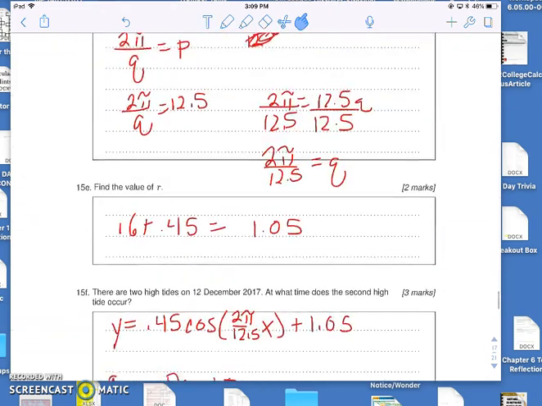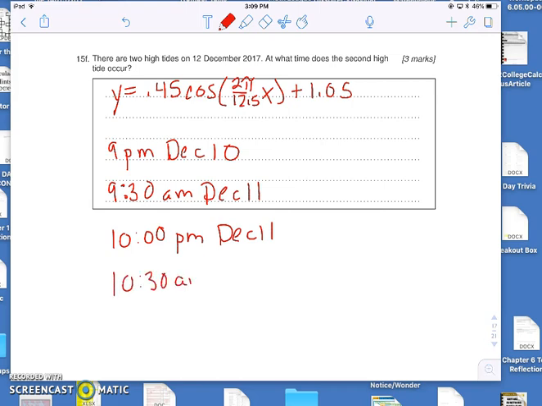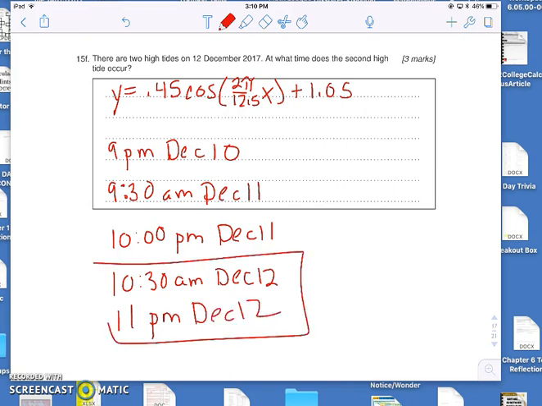So the next high tide, 12.5 hours later, would be at 9:30 a.m. on December 11th, because that would be the next one. 12.5 hours later would be 10 p.m. That's still December 11th. 12.5 hours later would be 10:30 a.m. on December 12th. And then 12.5 hours later would be 11 p.m. on December 12th. Geez, so we didn't even need the equation at all. We could just count them out there.